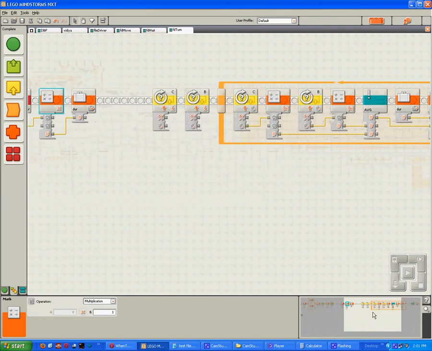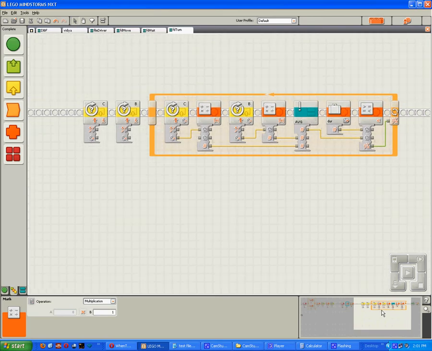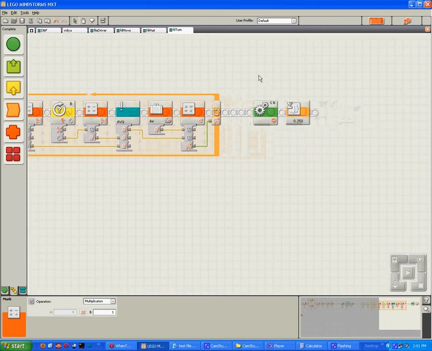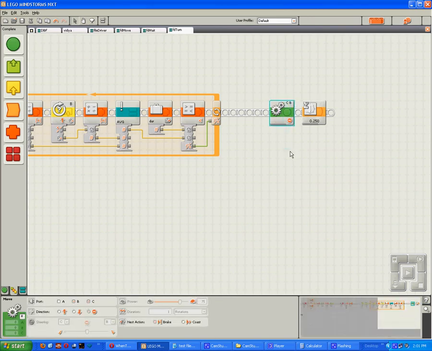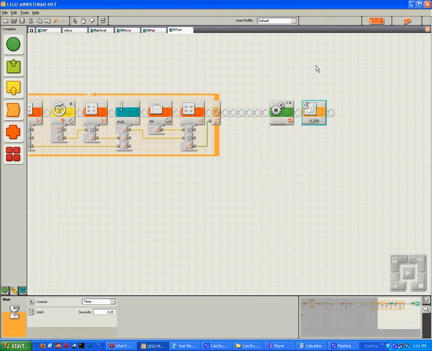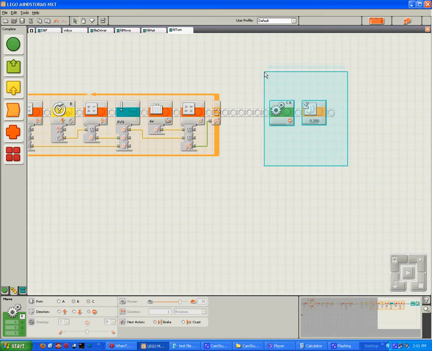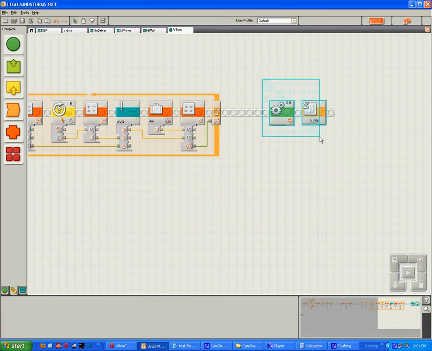Now, we have to stall until we stop the motors, because of course the last thing we're going to do in the program is we're going to stop the motors. And I found through experimentation that waiting for a quarter of a second after you stop the motors in this manner really helps improve the accuracy. So just keep that in mind.